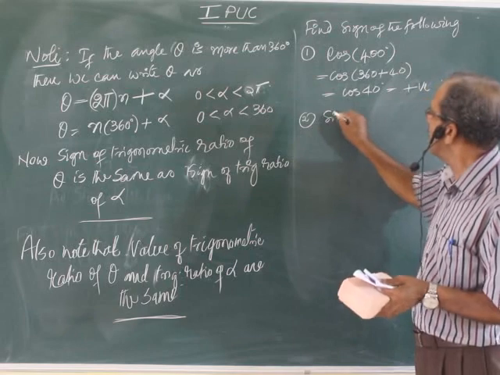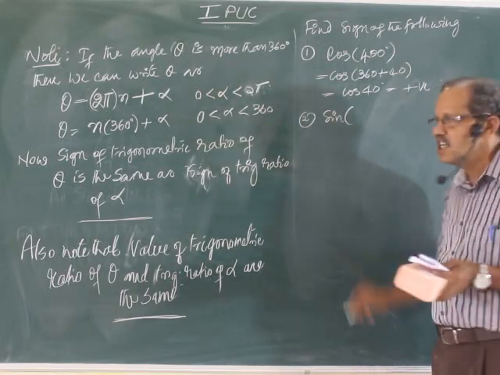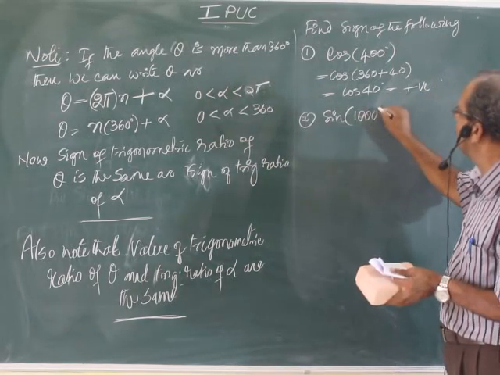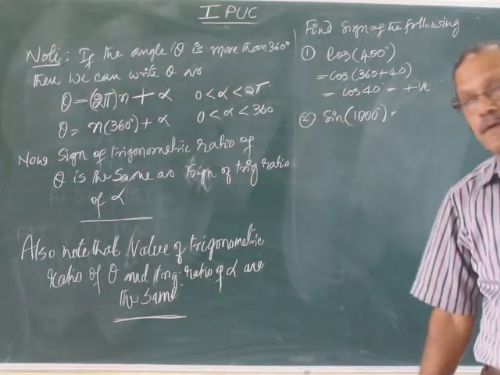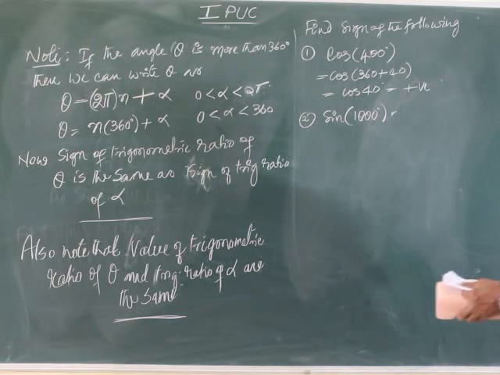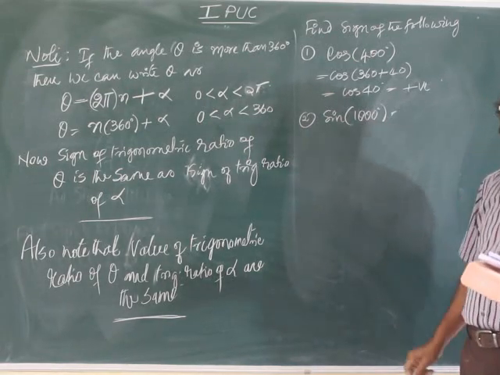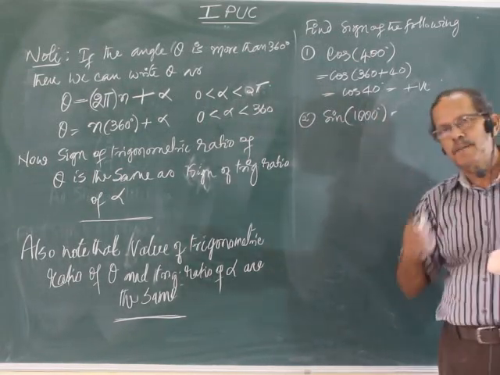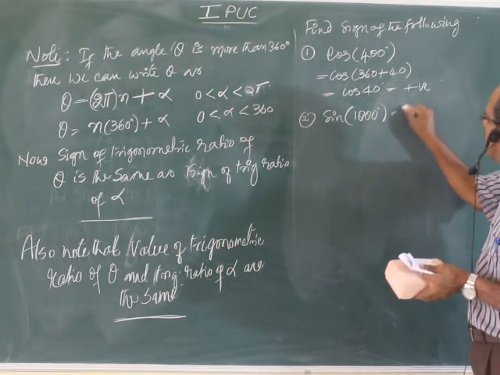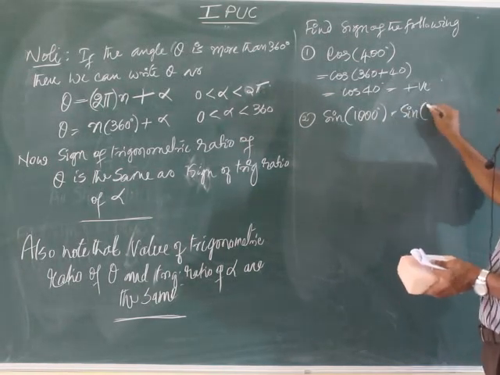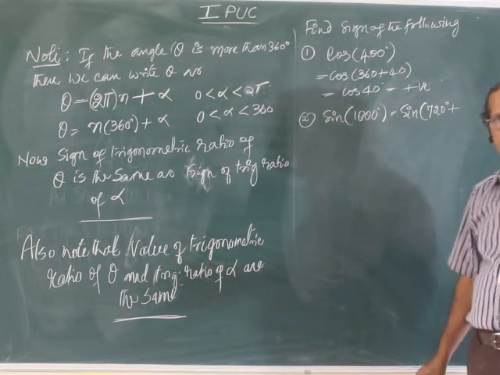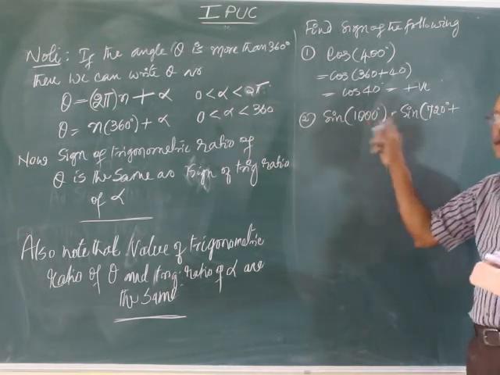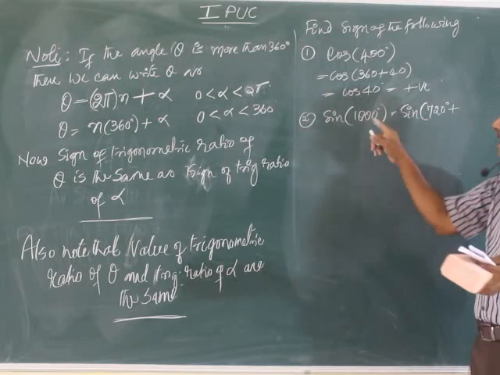Second one, sine of 1000 degrees. See, now I can give any magnitude of angle. 1000 degrees, how do you write it? You are completing 2 rotations. 2 rotations means 720. Got the idea clear? 2 rotations are completed, 720 gone.